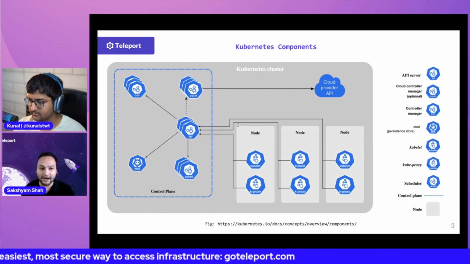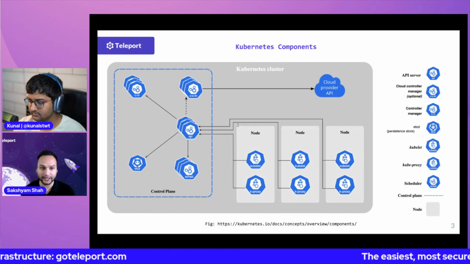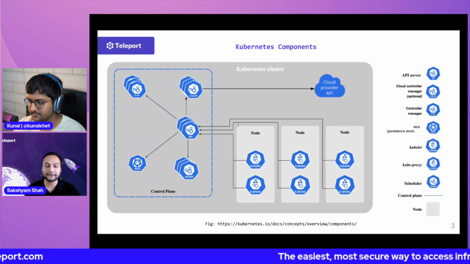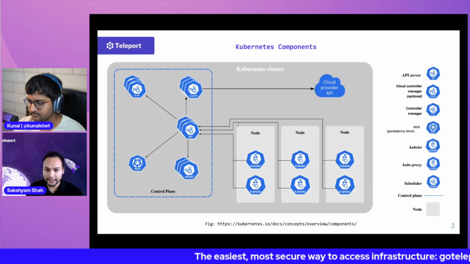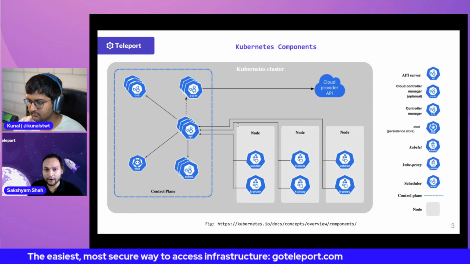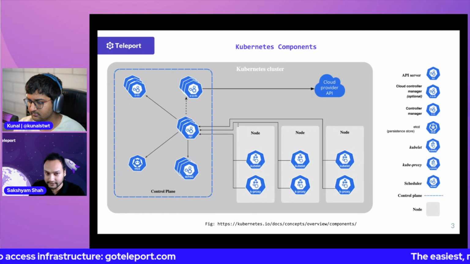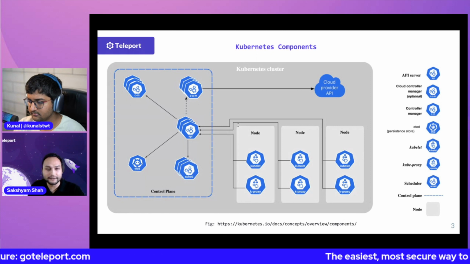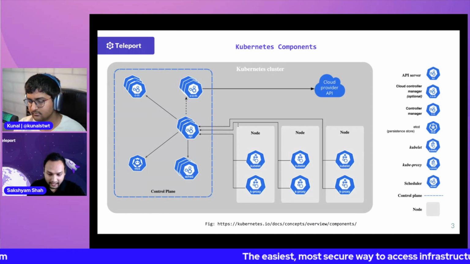And those are overall constructed as a Kubernetes control plane. And at the center of the control plane, you have the API server. So everything that Kubernetes has to offer can be operated by using the API server. So basically, it's like the brain of Kubernetes clusters.